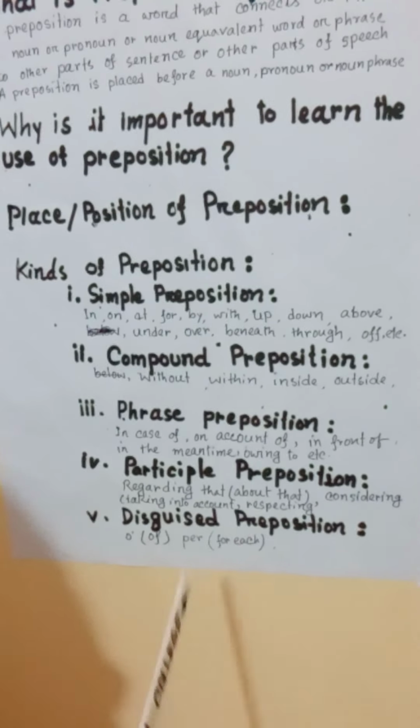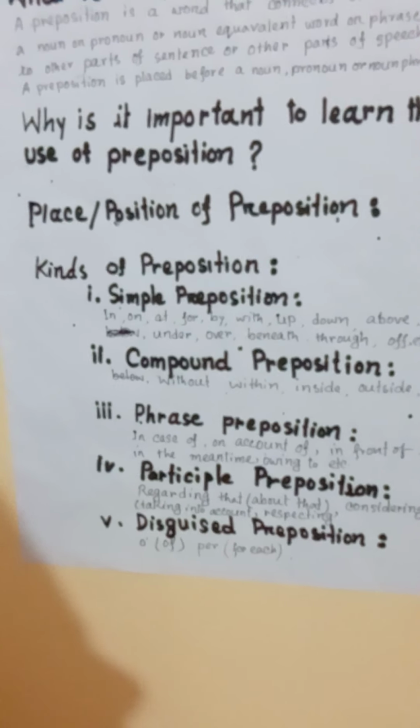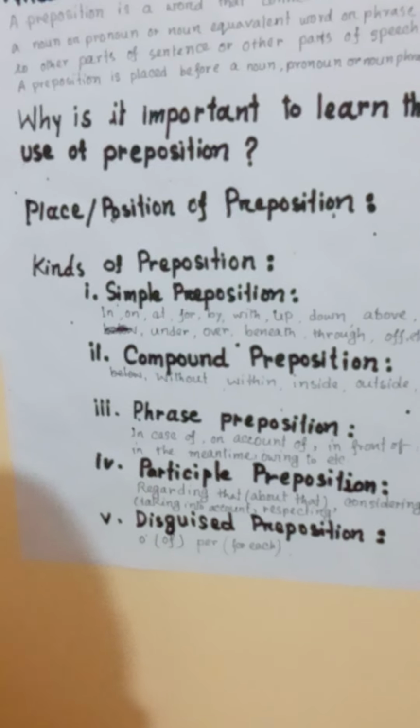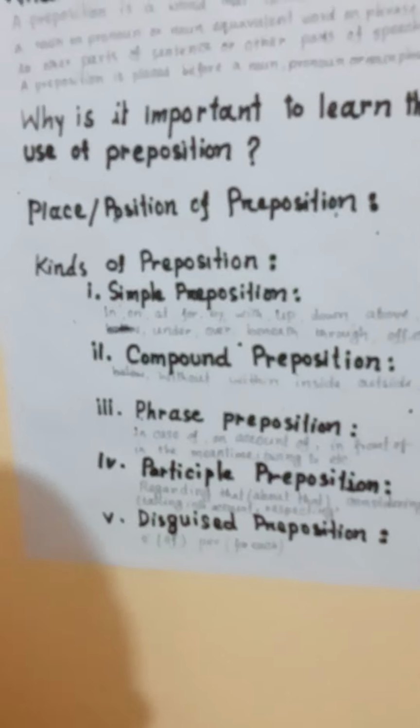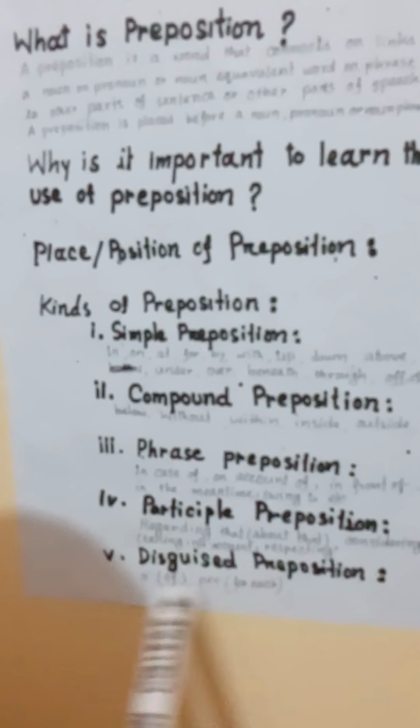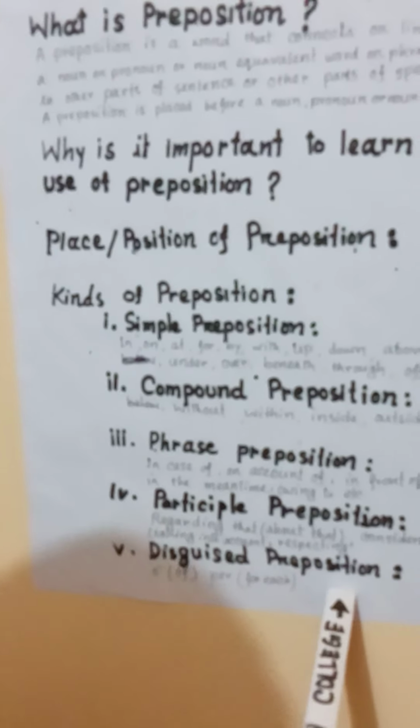We can use this word per in a sentence like rice is sold 60 টাকা per kg. Per means for, অর্থাৎ প্রতি বুঝাতে বা রেট বুঝাতে আমরা ব্যবহার করি per, so it is used instead of for each or for. These two are examples of disguised prepositions.